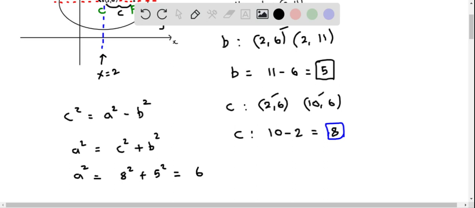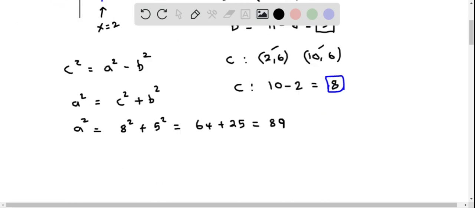And so this gives 8 squared is 64, plus 5 squared is 25, and 64 plus 25 is 89. That is A squared equals 89. Or otherwise, if we take the square root on both sides, we get A equals plus or minus square root of 89.